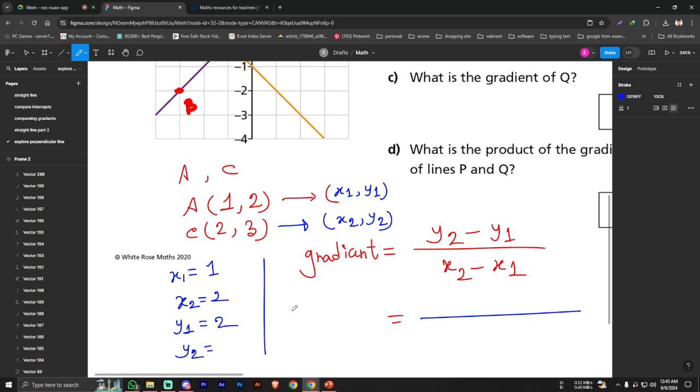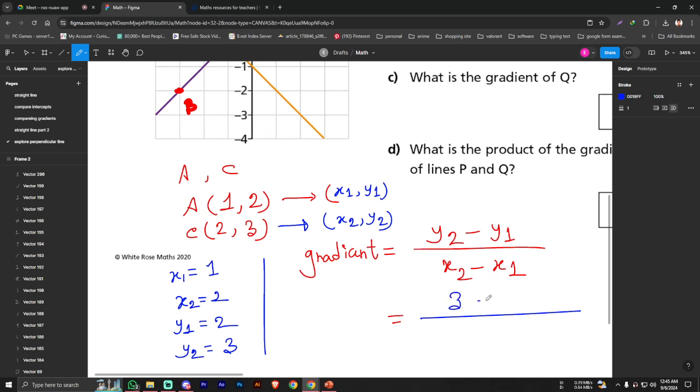Yes, sir. Okay, so as I was saying, A and C are two points, so x1 is 1, x2 is 2, y1 is 2, and y2 is 3. Now just put the values and you'll find the answer.